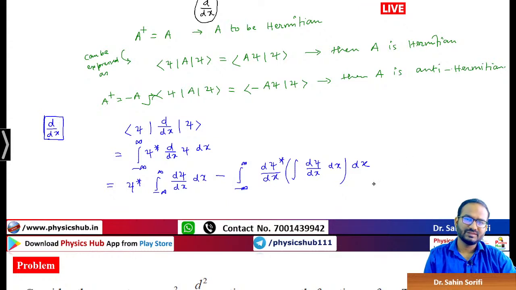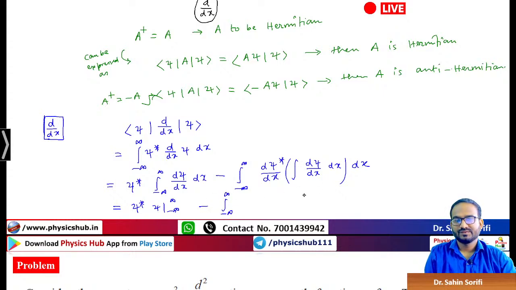So this is how you do integration by parts. You can look at the formula from a class 12 book if you are not able to understand it. This is equal to psi star psi evaluated from minus infinity to plus infinity, and you know this term is 0.